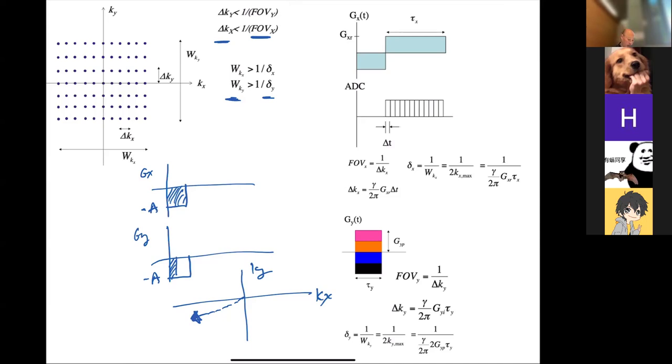Although I could play my GY gradient very quickly, the design trade-off would be to take my time and use this area here. If it's going to take me a certain amount of time to play my GX gradient, I might as well wait, lower the amplitude and play my GY gradient.